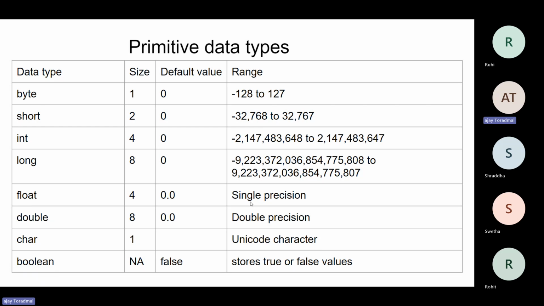For the float, I have said here that it will store a single precision value, and the double stores a double precision value. Now, what are single precision and double precision? Single precision is a standard defined by the IEEE to store floating point numbers.